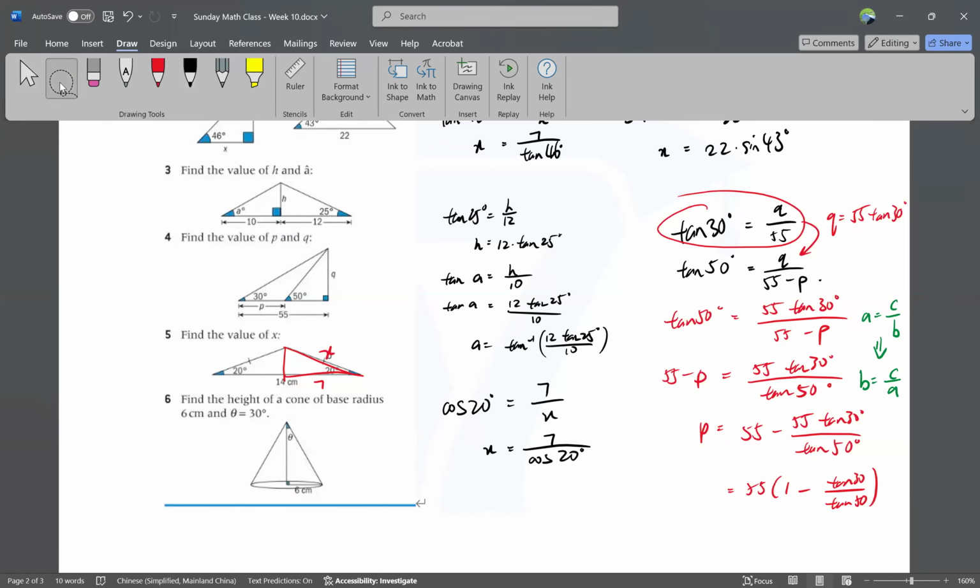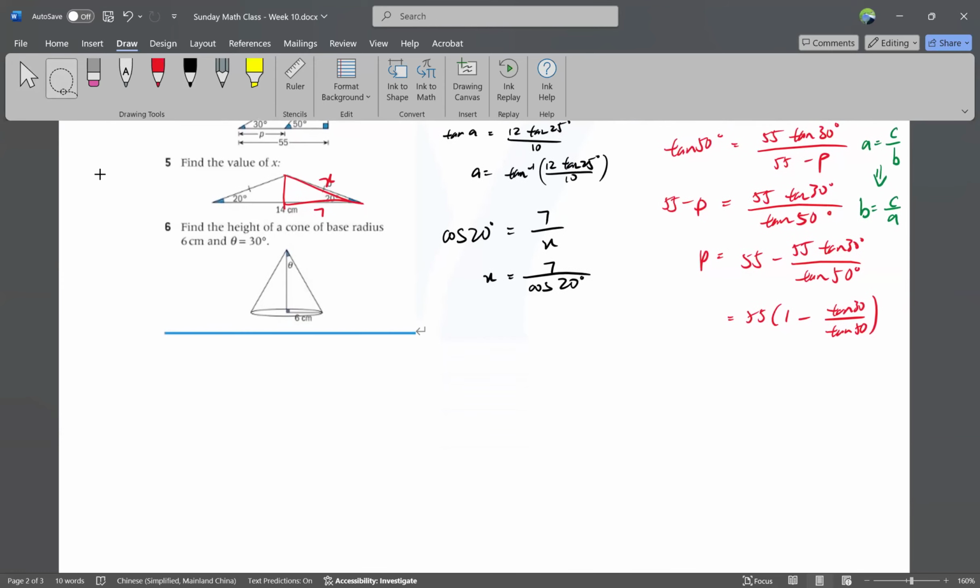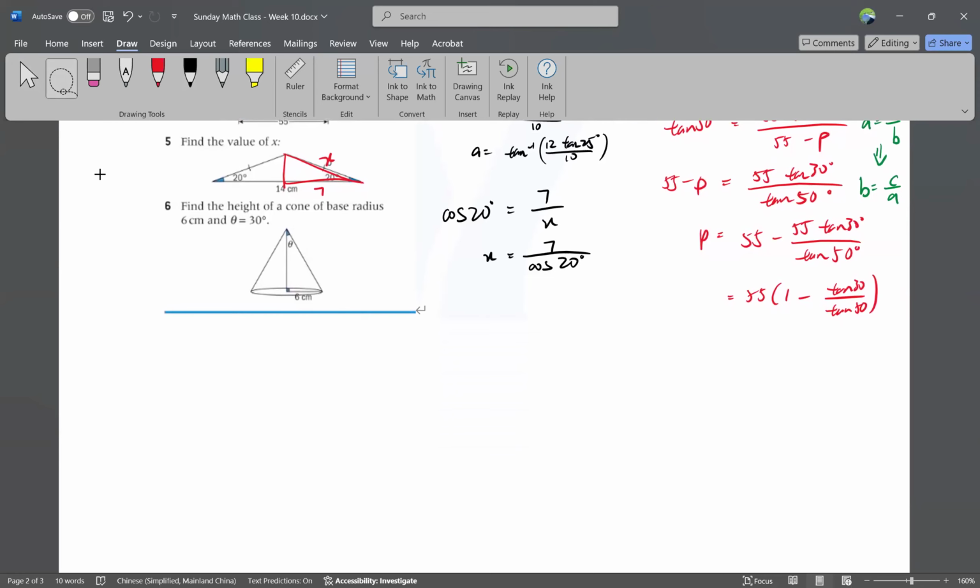Well, you just visualize it as a right angle triangle and you solve it simply. So I got h, which is the height, equals 6 times tan 30. Okay, cool.